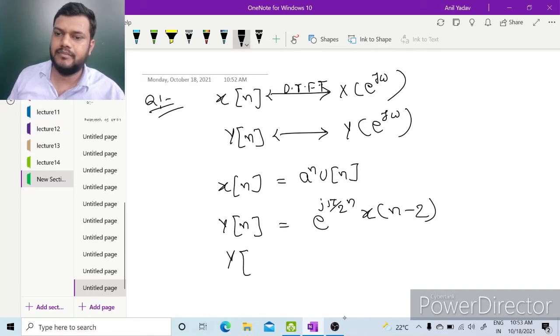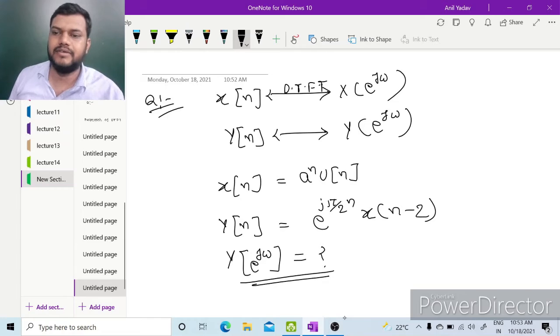Then find Y(e to the power j omega), meaning the DTFT of y(n) we have to find, which is x of n minus 2 times e to the power j pi by 2 n.